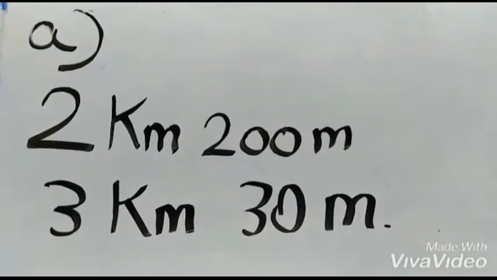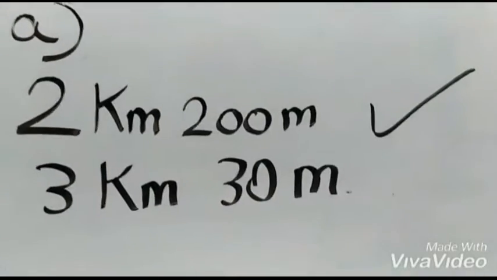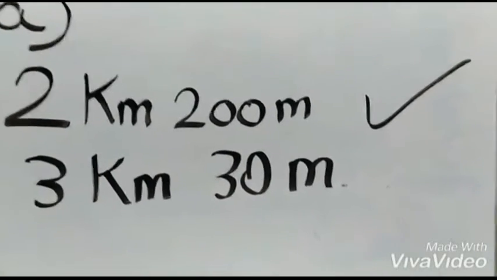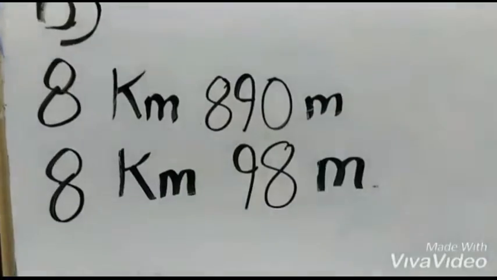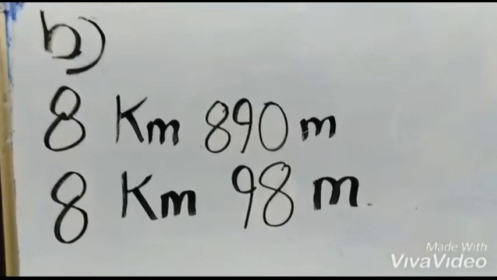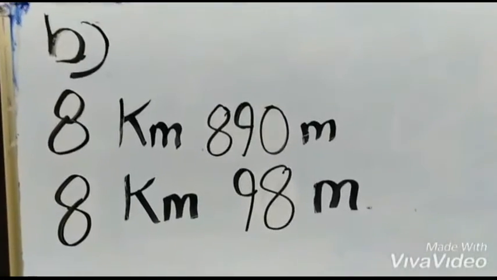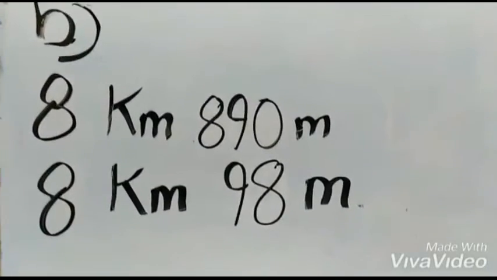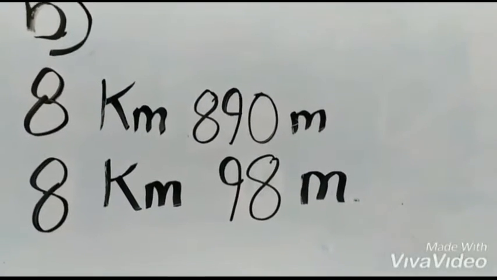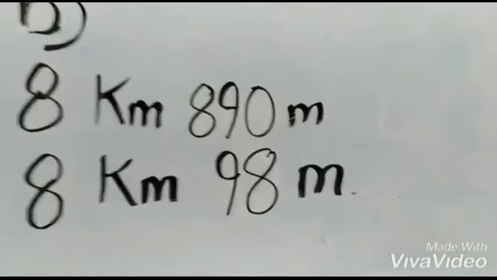Which one of the following shows the smaller length? Excellent. 2 kilometers, 200 meters shows the smaller length. Now, look at B. 8 kilometers, 890 meters, or 8 kilometers, 98 meters.